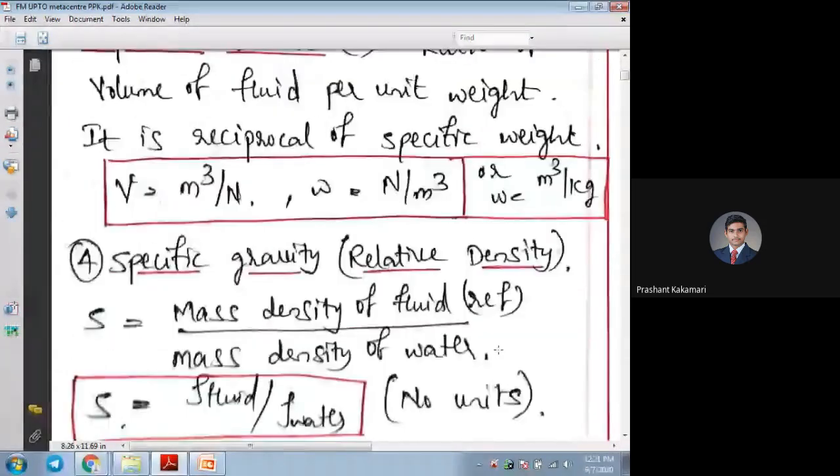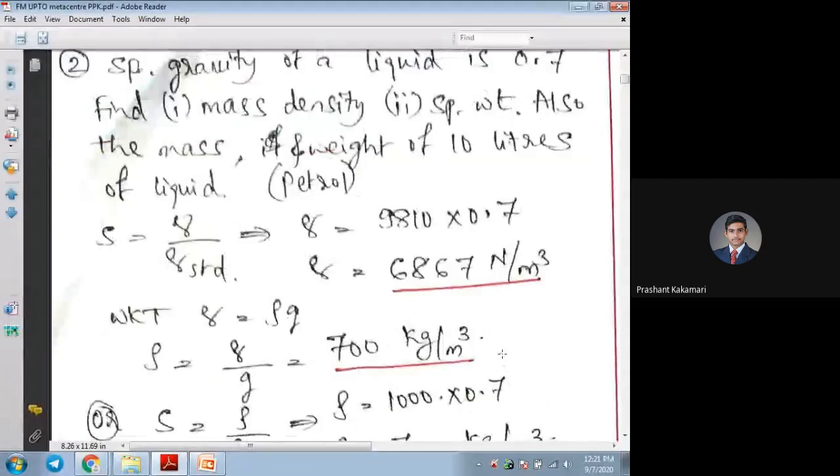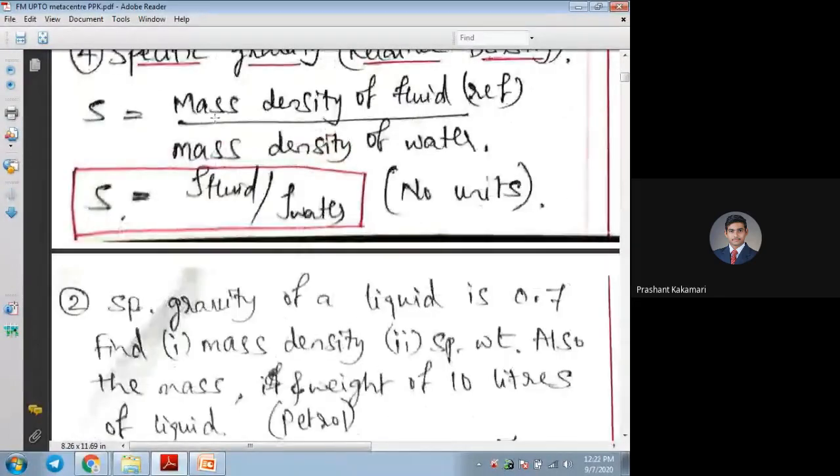To convert that for the given petrol as a liquid, what I will do is 700 into 9.81. Or else, in the specific gravity equation itself, I will write this equation as the weight density of the given fluid to the weight density of the water.